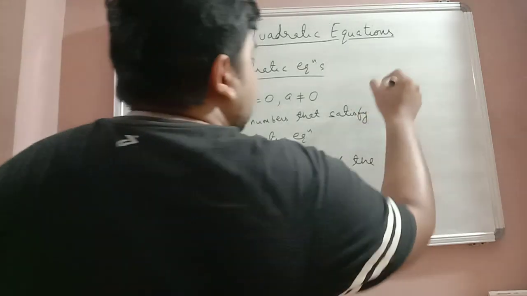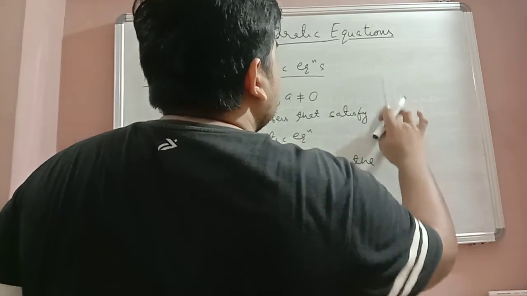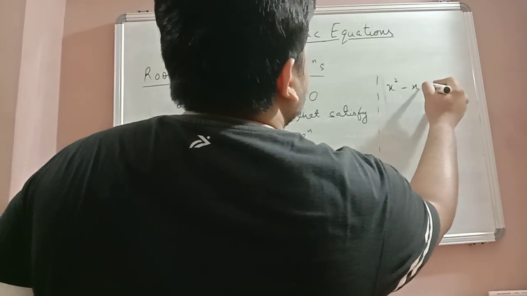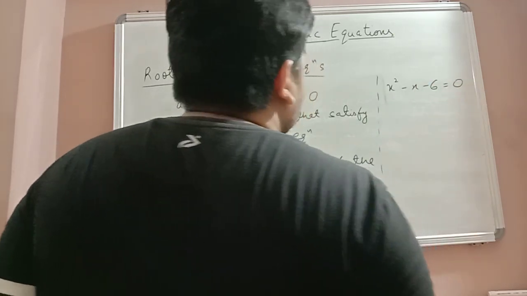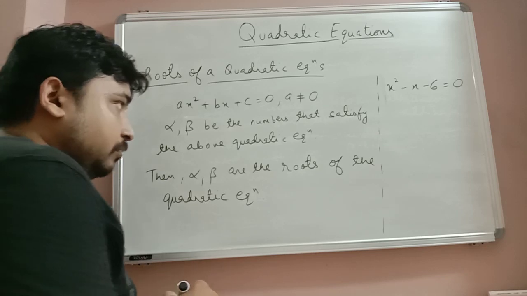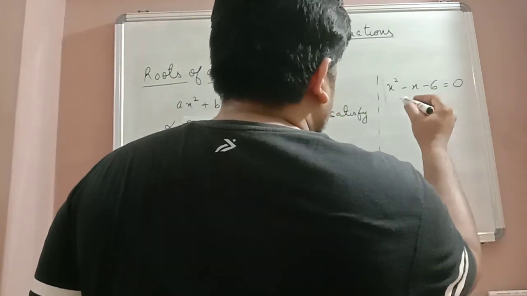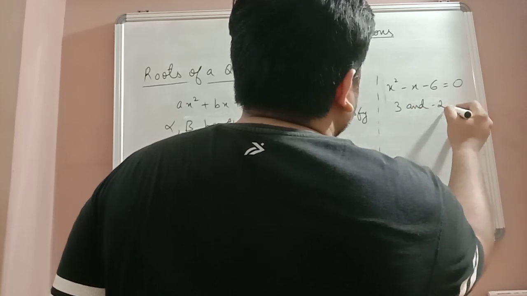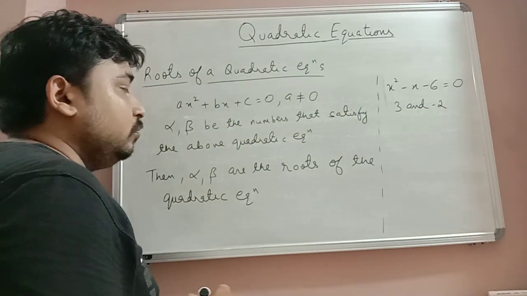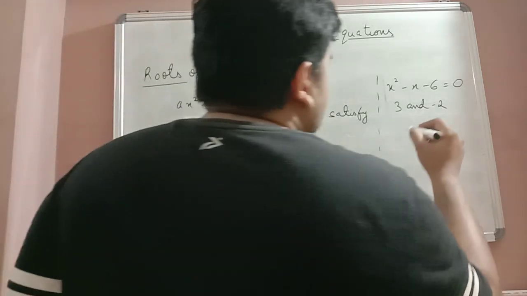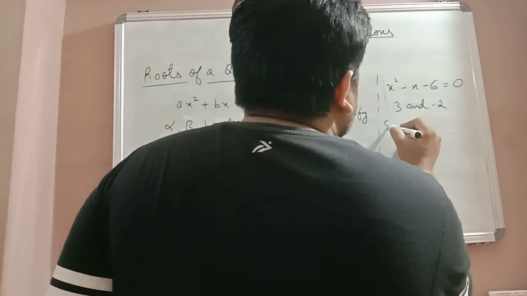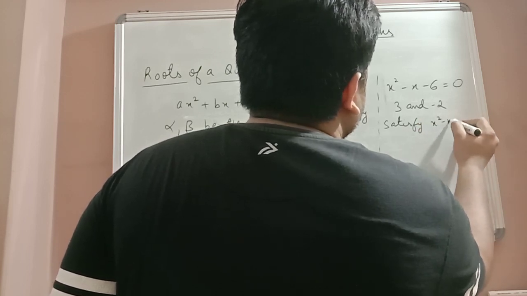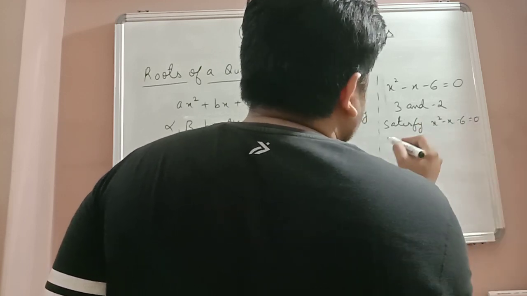For example, as we solved earlier, for the equation x square minus x minus 6 equals to 0, we saw that 3 and minus 2 satisfy x square minus x minus 6 equals to 0.